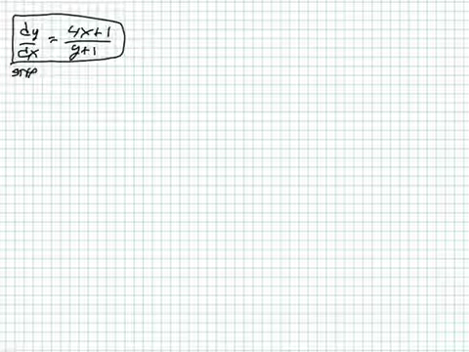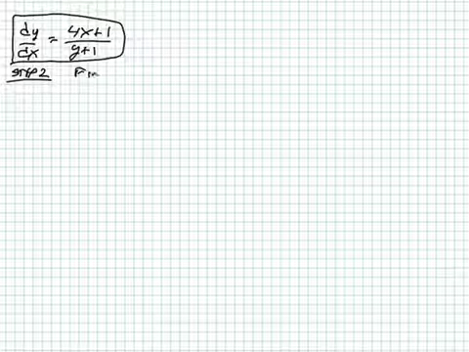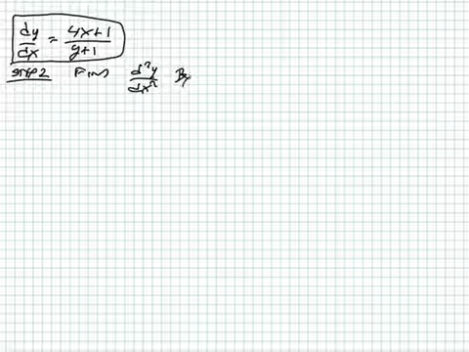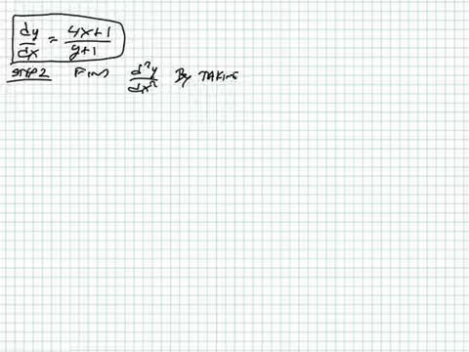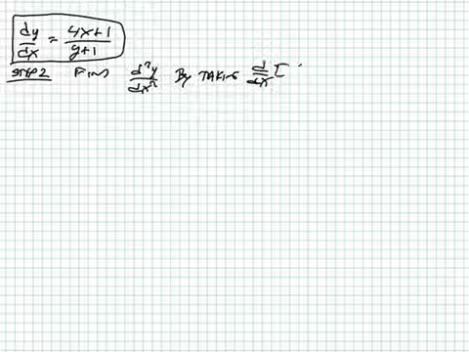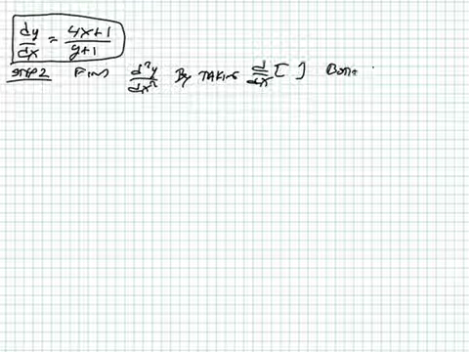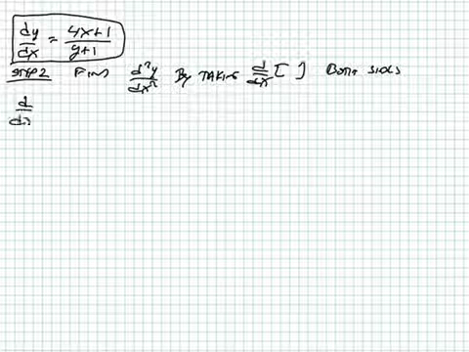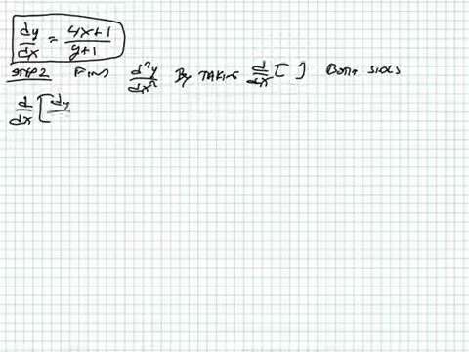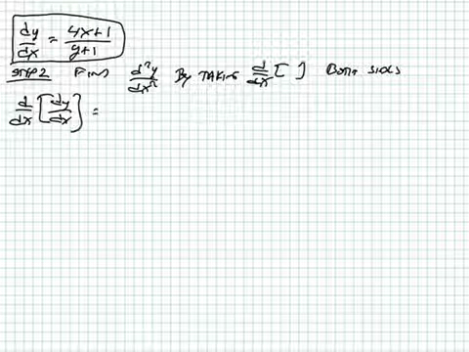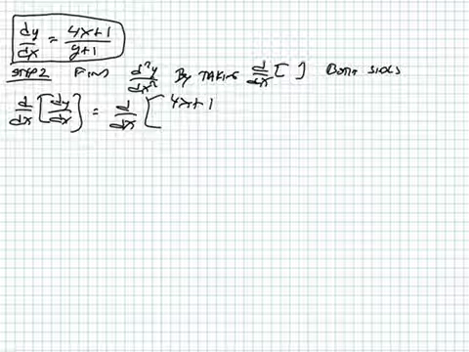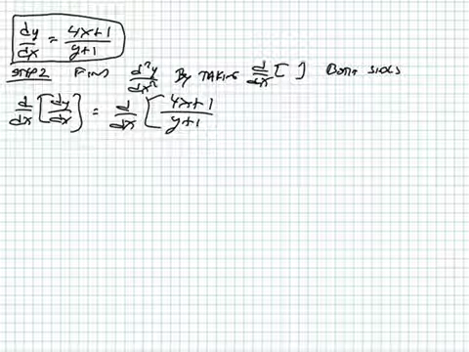Step 2 is we want to find the second derivative, d squared y dx squared, by taking d dx of both sides. So I've got d dx of dy dx, and that's equal to d dx of 4x plus 1 over y plus 1.